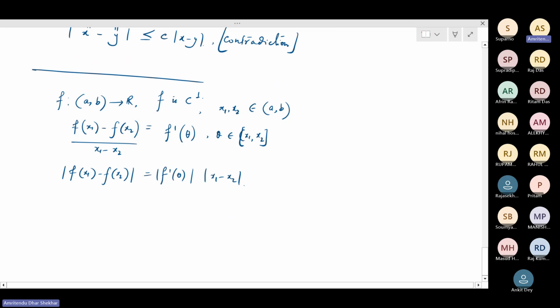Now, a sufficient condition for this to be a contraction map, let me just write it down, is that the norm of f dash x is always smaller than 1 for all x in a comma b.